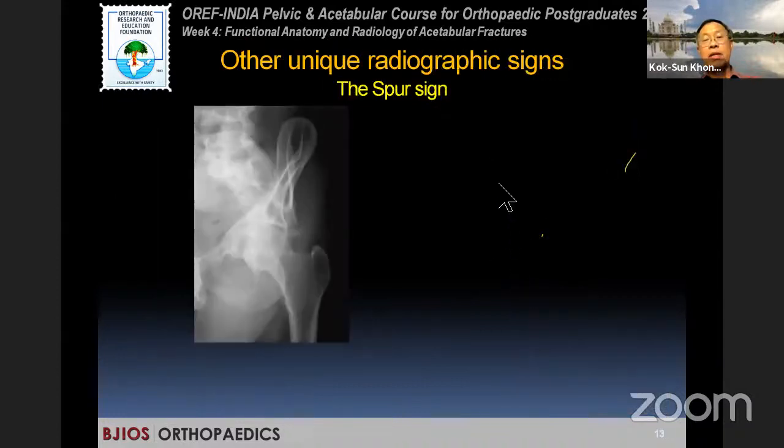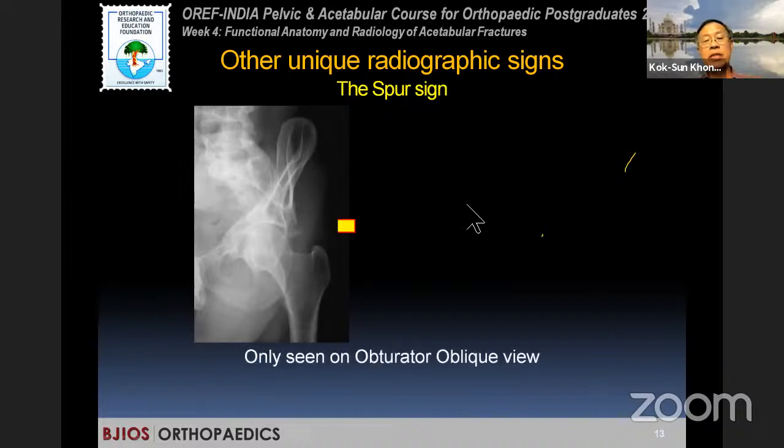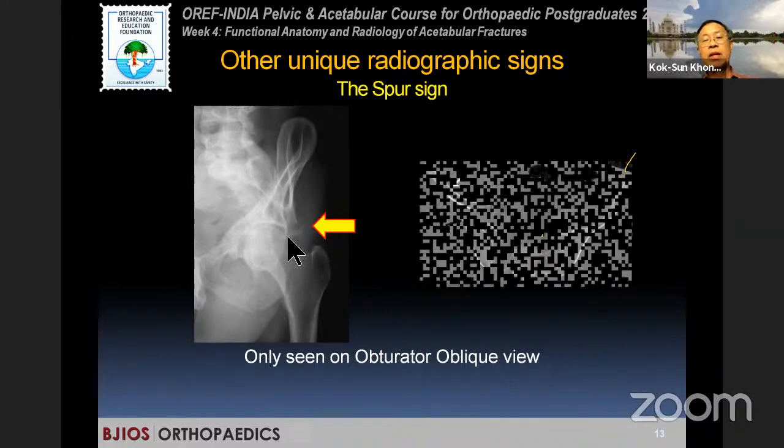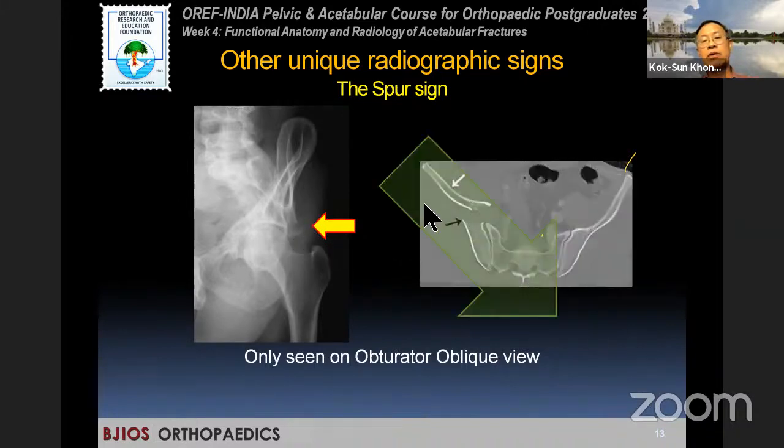There are other unique radiographic signs. One of them is the spur sign, and you can only see it on the obturator oblique view. It's a spike outside the acetabular brim. And what is the cause of this? Because you're taking an oblique view, you're wondering what is the cause of the spike? The spike is caused not by the broken iliac wing, but actually by the intact posterior iliac wing at the back.